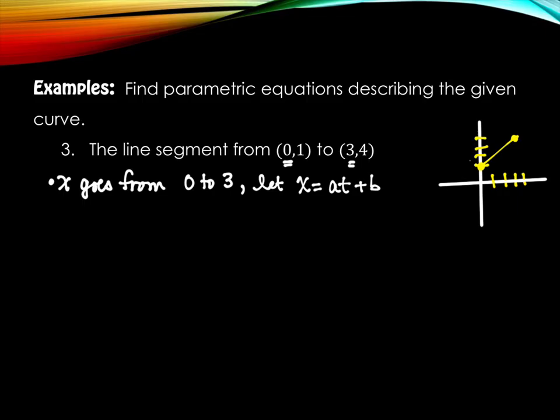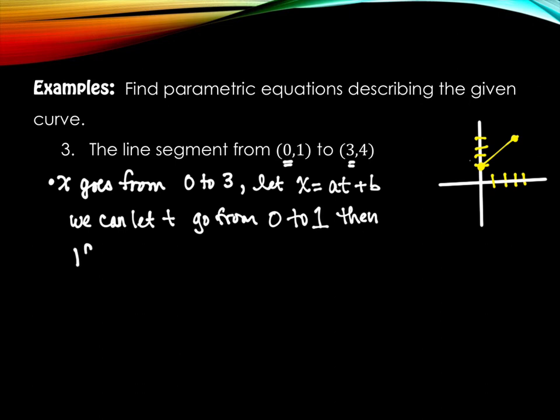So we can let t go from 0 to 1, and it works nicely to do so. If t is equal to 0, then x equals a times 0 plus b, correct?